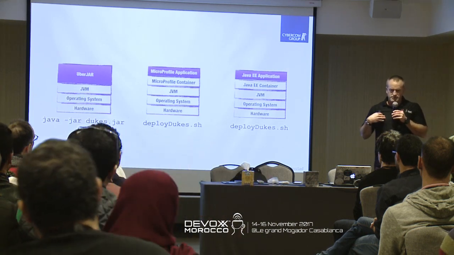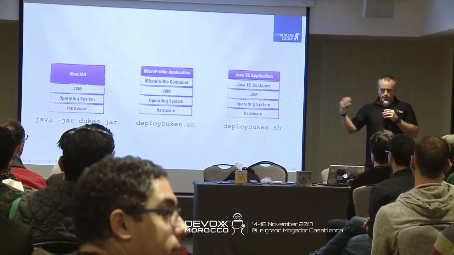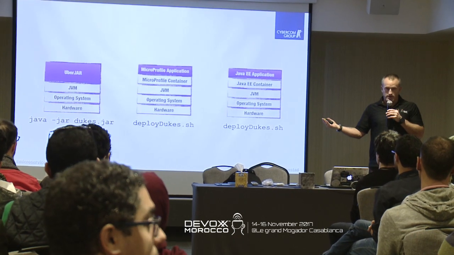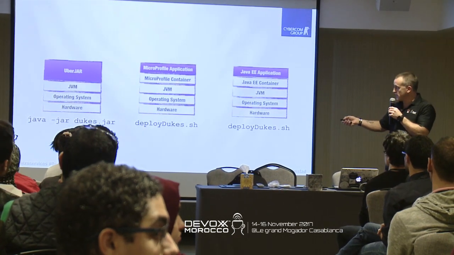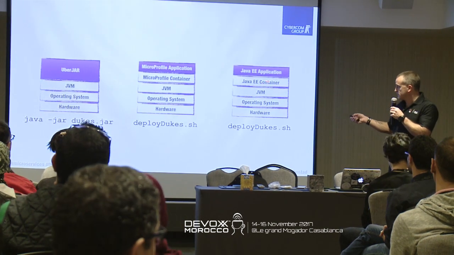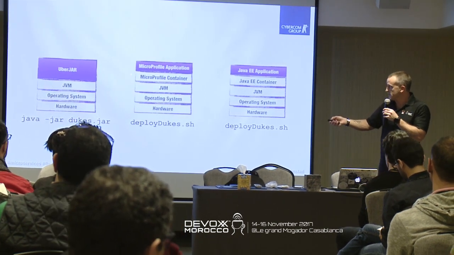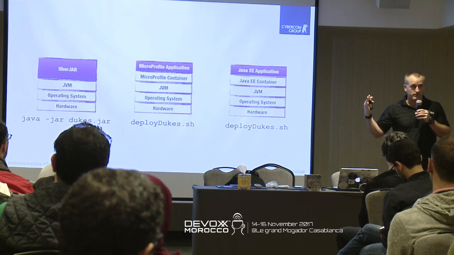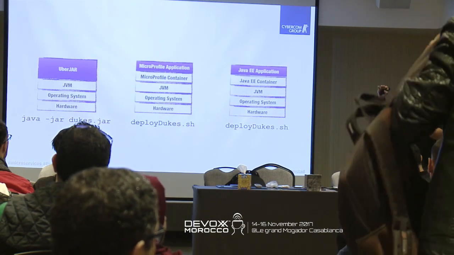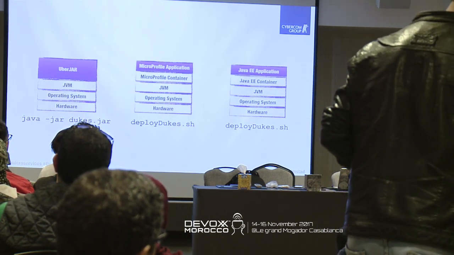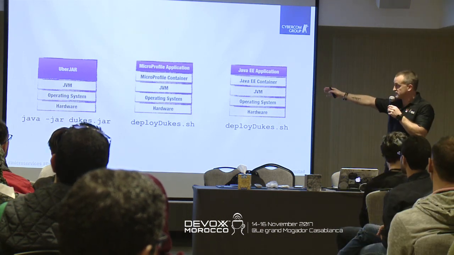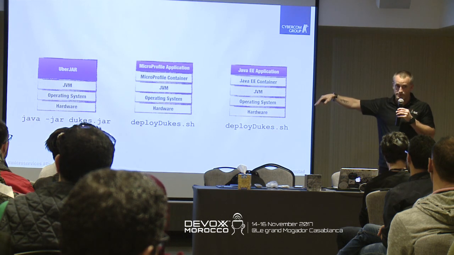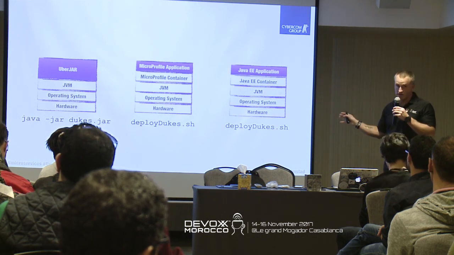Then we introduced the MicroProfile way of doing it. Is that we still have, rather than the Java EE container, we replace it with a MicroProfile container. So it's a thinner, more streamlined container. And this one can be packaged as an Uber jar, or it can be packaged into an application server the same way you would do with the Java EE.